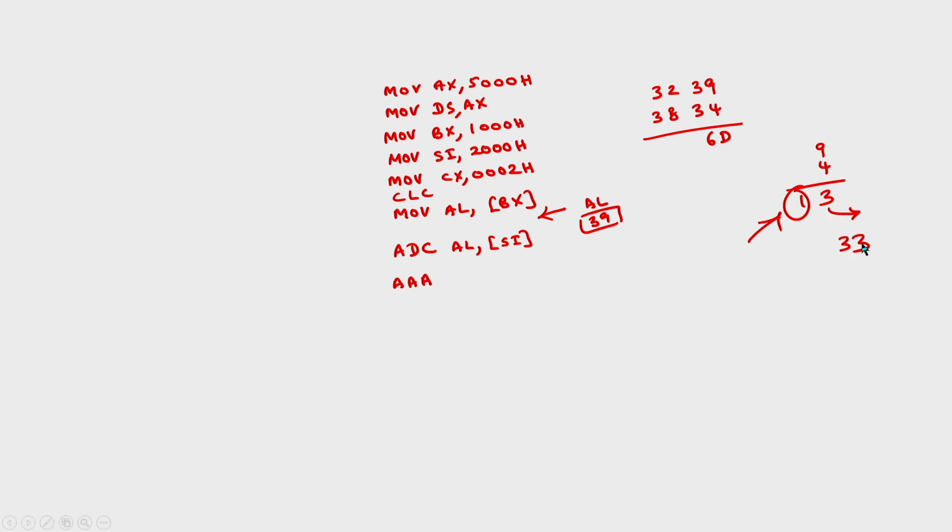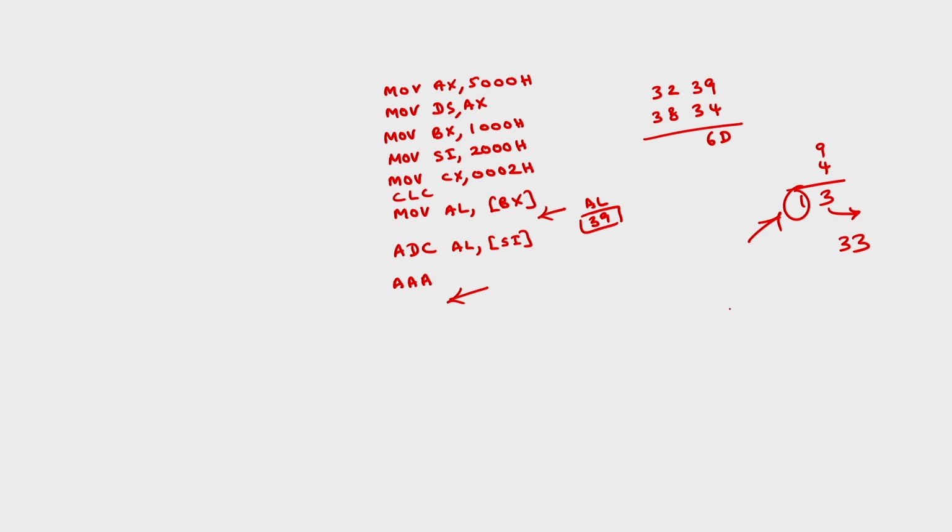So, I want to store 33 into destination register, but after AAA what happens is, this will give unpacked BCD result. So, you can refer to this AAA instruction. AAA instruction basically stores the result in unpacked BCD form, it is not direct ASCII, okay. So, only this 03 will be stored after this AAA.